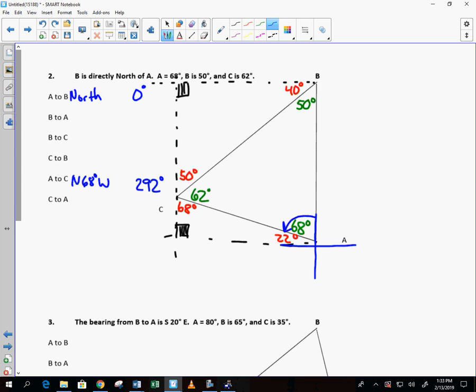Where do you want to move to now? B, very good. B to A, what direction? South. 180.